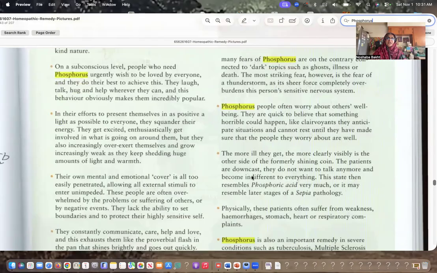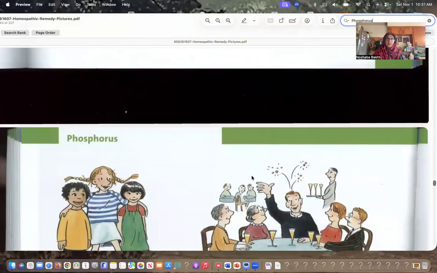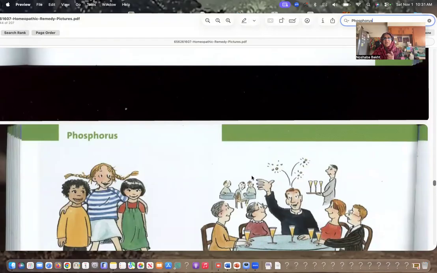Mostly, I have prescribed phosphorus as a constitutional remedy, but every remedy can be given for acute symptomatology and can be given as a constitutional remedy. This remedy, phosphorus, I have used mostly as a constitutional remedy, but it can be used for both conditions. You guys understood what I mean? Constitution is the overall picture of the person, including mental, emotional, and physical characteristics.